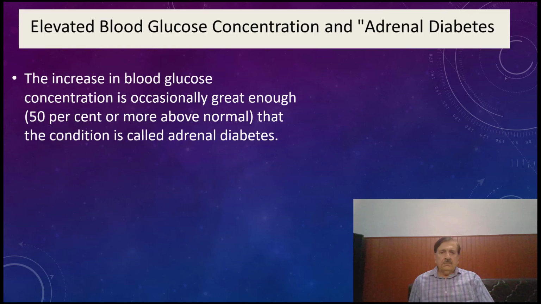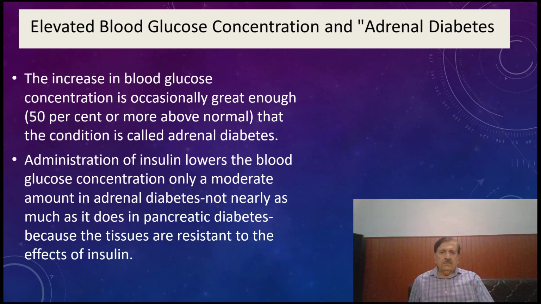The increase in blood glucose concentration is occasionally great enough, 50% or more above normal, that the condition is called adrenal diabetes.